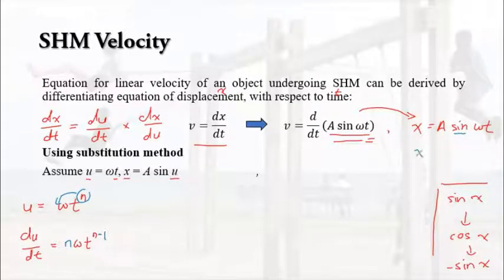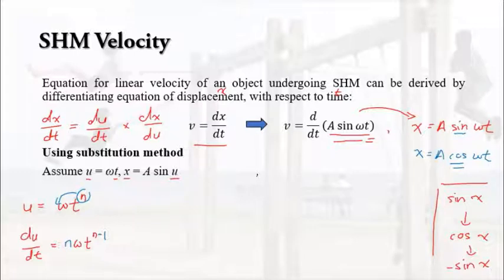Sometimes questions will give you x equals a cos omega t, so you have to know what to do. If you have x equals a cos u, then after you differentiate x with respect to u, you're going to get dx over du equals negative a sine u.